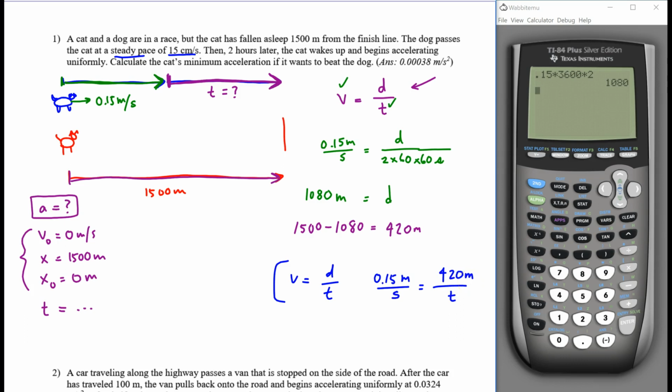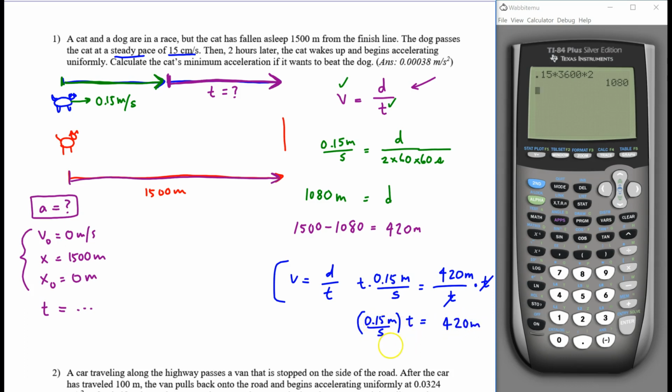When I go to solve for t, I have to get it out of the denominator. So my first step is to multiply both sides by t. This will cancel t from the right side, and I have 0.15 meters per second times t equals 420 meters.